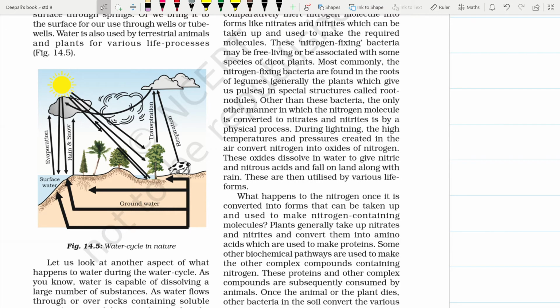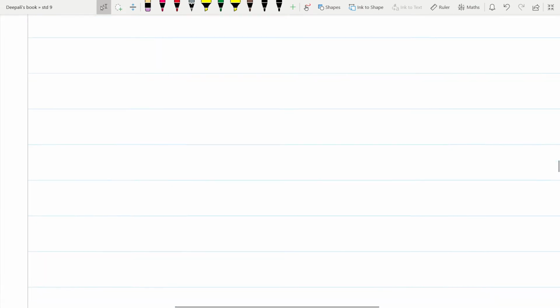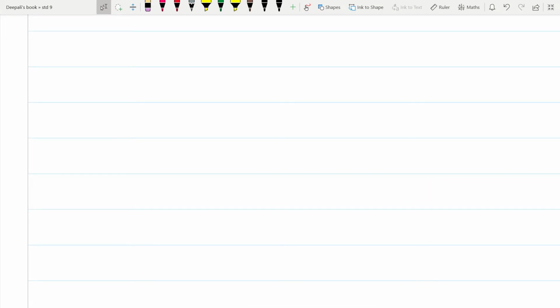Now, what are the main processes involved in the water cycle? Now, water cycle is also known as the hydrological cycle because it is related to water. Now, we know that plants and animals obtain water from various sources to carry out their biological processes.